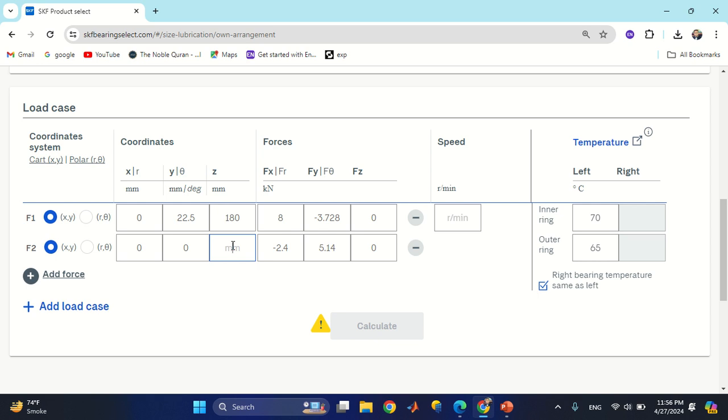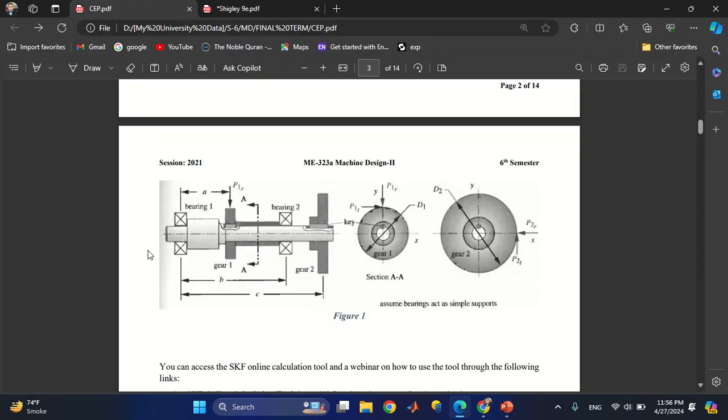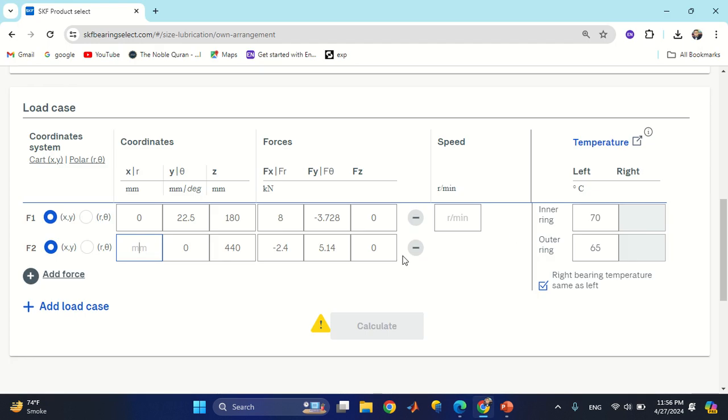For me it is 40, and in Y put 0, and in X you have the radius, which is half of the pitch diameter of gear 2.